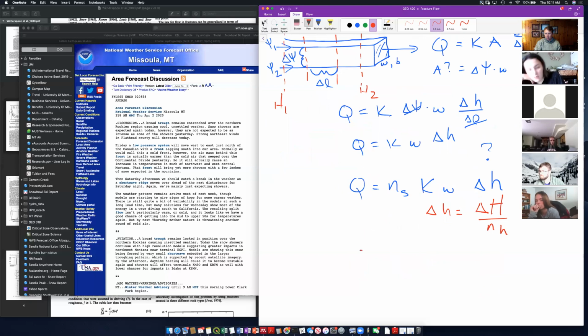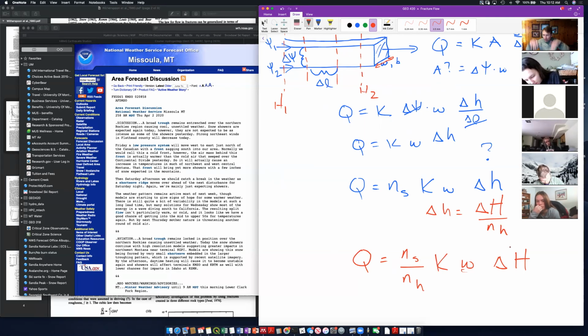So now I have Q is equal to NS over NH times K times W times delta H, where delta H is the total head drop. This is the most general equation. It says the discharge here is equal to NS over NH times K times whatever unit I want to think about in and out of the board, W, times the total head drop.